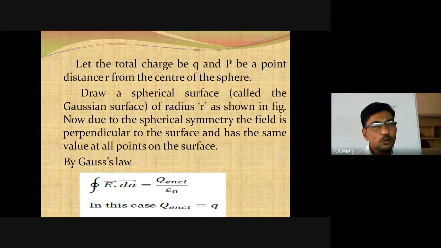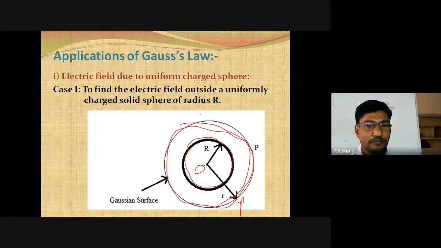Consider the total charge to be small q, the total charge on the sphere, and P is the point at which we have to find the electric intensity. The distance from the center of the sphere O to P is small r.